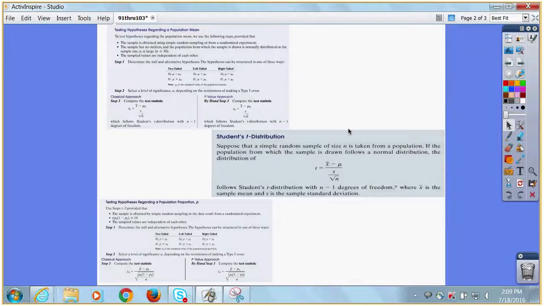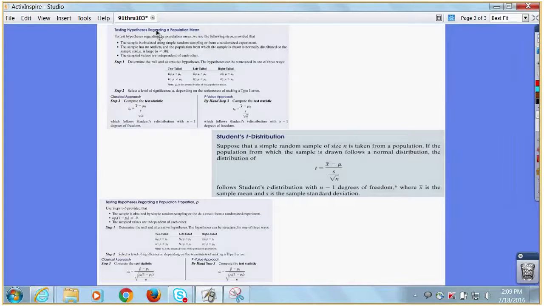There it is. Make sure you get testing hypothesis regarding a population mean, students T distribution, and testing hypothesis regarding a population proportion P. That's coming out of 10.1 and 10.2, I believe. Yeah, I think. Or 10.3, 10.1 through 10.3. So grab these boxes, copy them out of your, or mark them in your book.